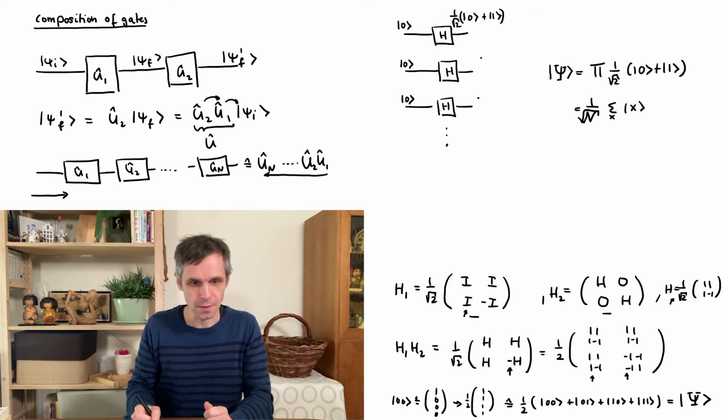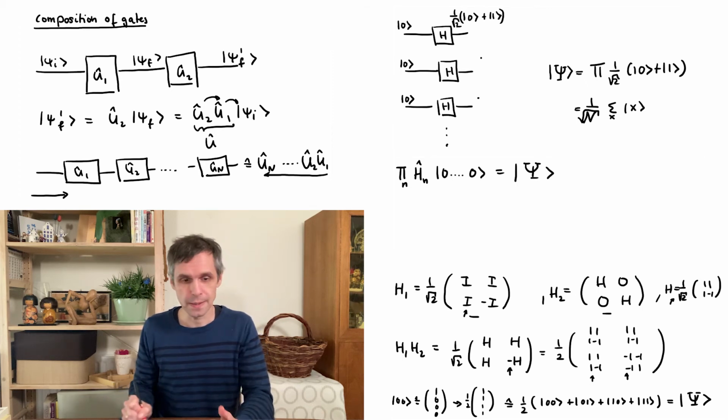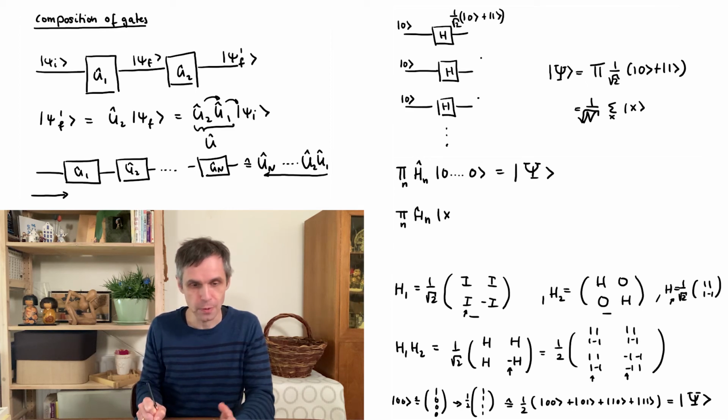So this tells us how the product of all the Hadamard gates acting on all the qubits acts onto this computational basis state. Namely that the result is simply this state capital psi. And similarly, we can also work out what happens when we apply all the Hadamard gates to an arbitrary computational basis state, so not necessarily just zeros for all the different states in the computational basis.